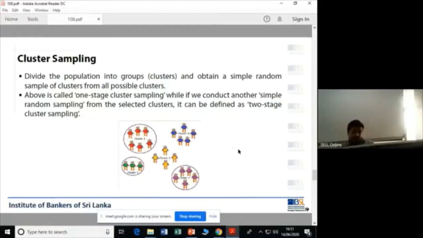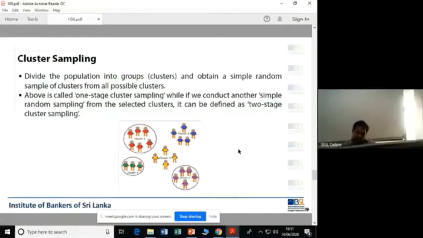Now again, here also the previous rules are valid. That is, you can't have the same item being represented in two clusters if your intention is to use cluster sampling. It's not possible. Your clusters will have to have a similar characteristic that will distinguish them from one cluster to the other.